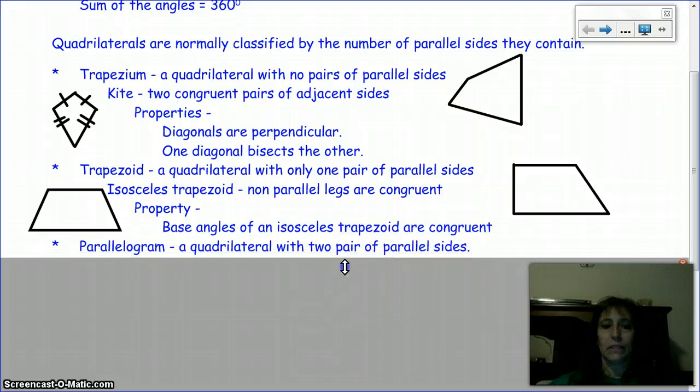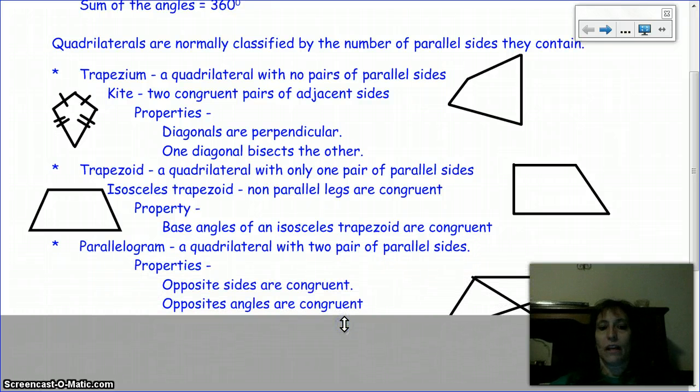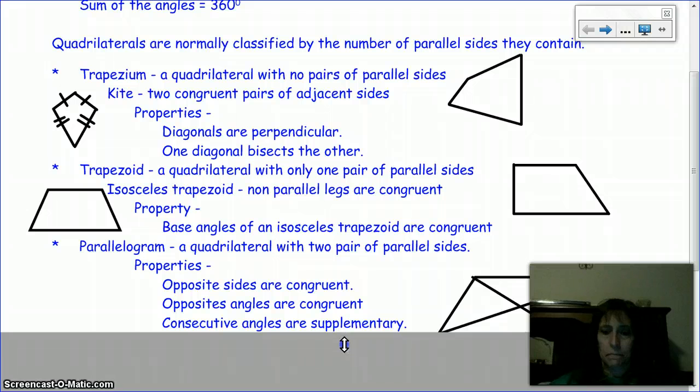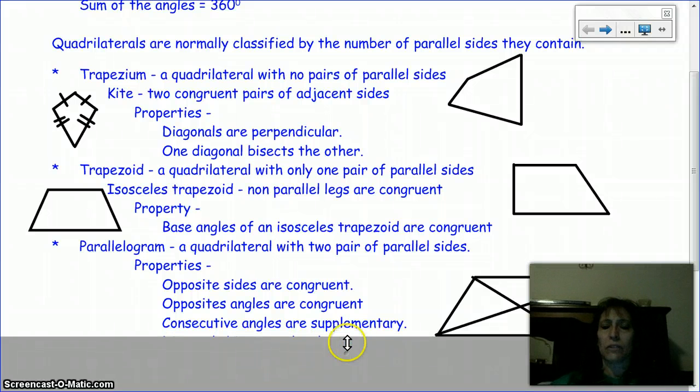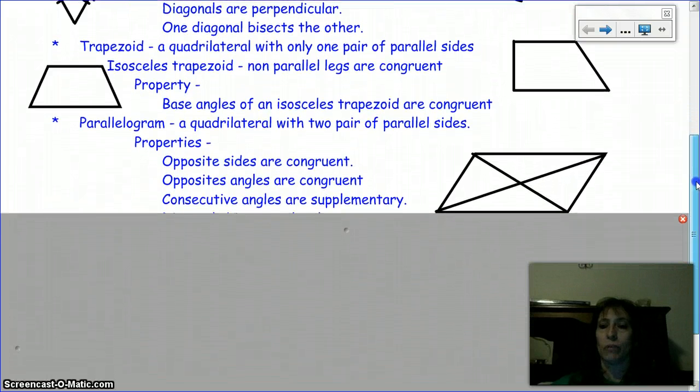Alright. The next one is a parallelogram, and it is a quadrilateral with 2 pairs of parallel sides. Its properties are that opposite sides are congruent and opposite angles are congruent. We talked about this one the other day in class, and if you remember, we also said that consecutive angles are supplementary.